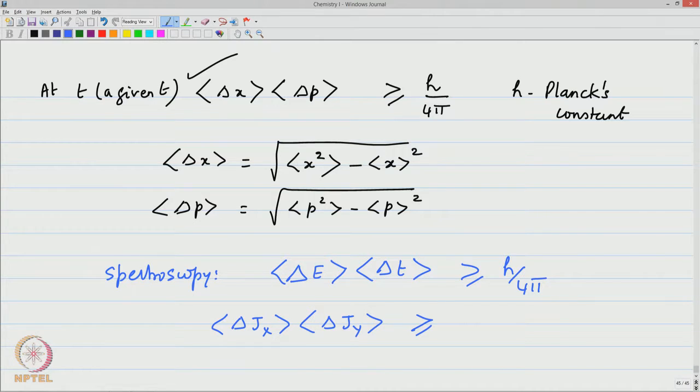There is a formal relation, but for our discussion it is h by 4 pi times the absolute value of the expectation value of j z. Okay. So, this is another uncertainty relation.